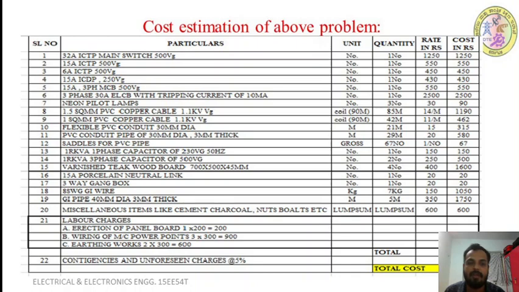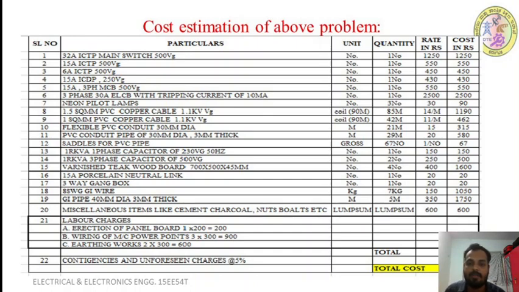Next 15 ampere 3 phase MCB, one number, each costs 550 rupees, so 550 rupees. Next we have ELCB, one number, each costs 2500 rupees, so the total cost is 2500. Next neon lamp, each costs 30 rupees, we require 3 neon lamps, so 3 into 30 becomes 90 rupees.